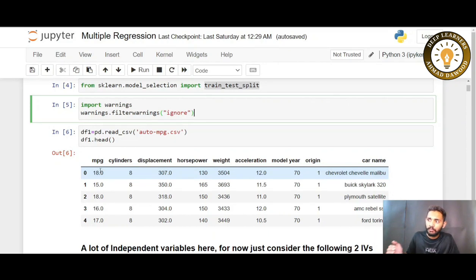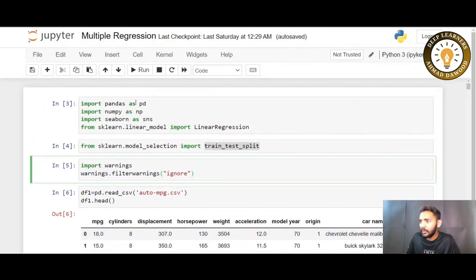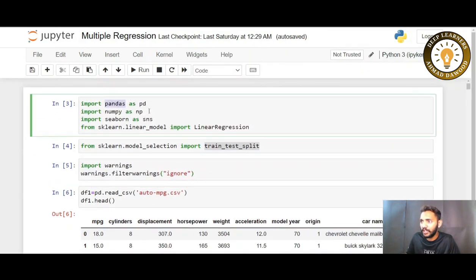It's exactly the same as what we did in the case of linear regression with just one independent variable. First of all, I will import some important libraries like pandas, numpy, seaborn for visualization, and the linear regression class from scikit-learn. I will use train test split to split my original dataset into a training dataset and a testing dataset.